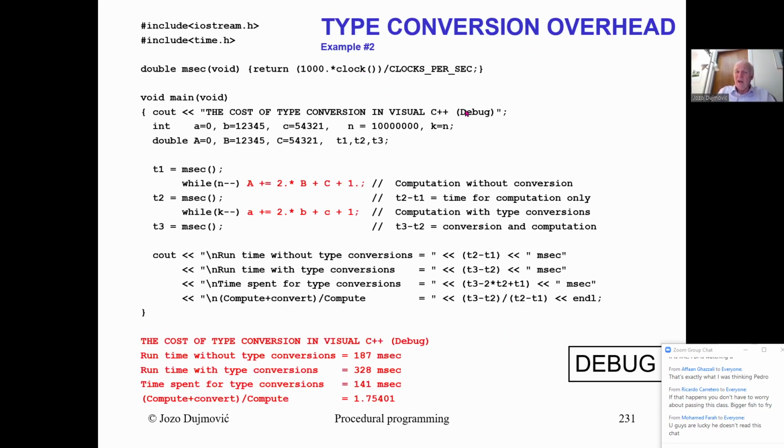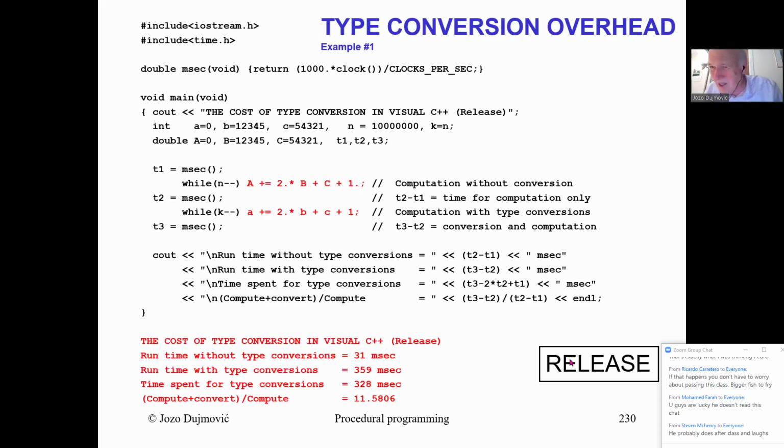Change to a different compiler, and you again have debug versus release. If you have the release version, it is 31 milliseconds. If you don't understand the difference between the release and debug version of a compiler, and many compilers are written to create the debug version as default because they say you develop software, here is the debug version.